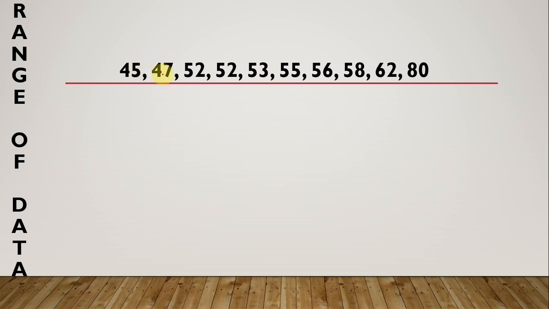So we have here 1, 2, 3, 4, 5, 6, 7, 8, 9, 10. So divide natin into 2. So meron po tayong 1, 2, 3, 4, 5 para sa ating lower half. And another 1, 2, 3, 4, and 5 para sa ating upper half. So ito ang ating median.